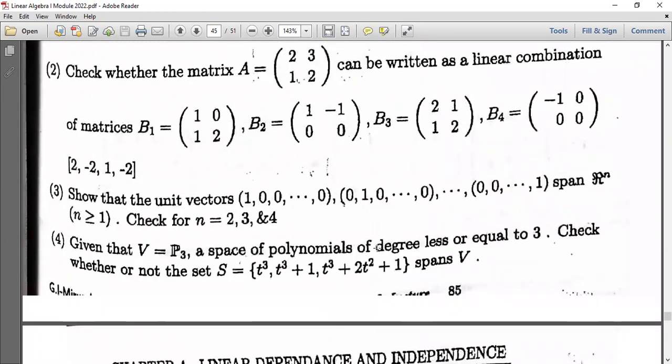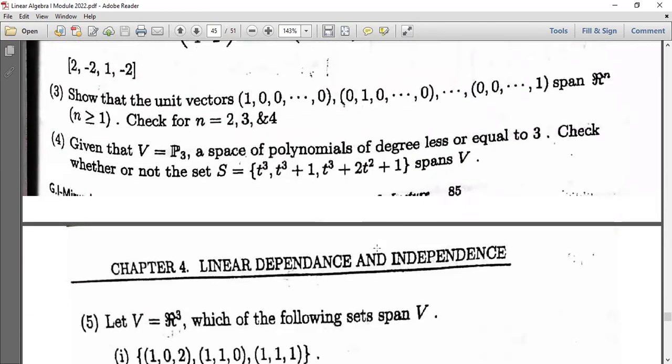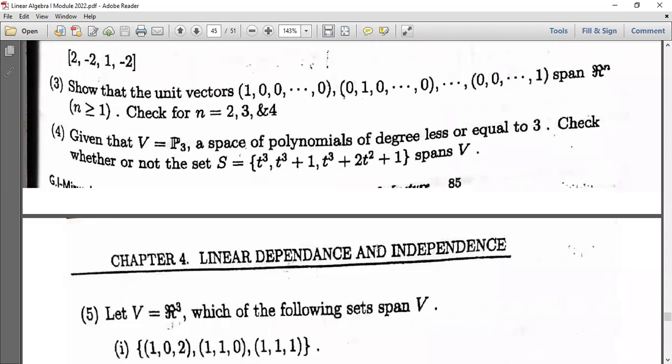Okay, we shall discuss. But for now, we've discussed what it means for a vector to be treated as a linear combination. That's one. We've discussed what it means for a set S to span a vector space.